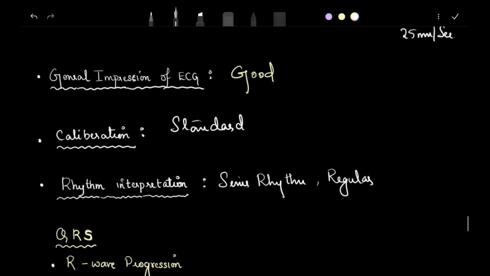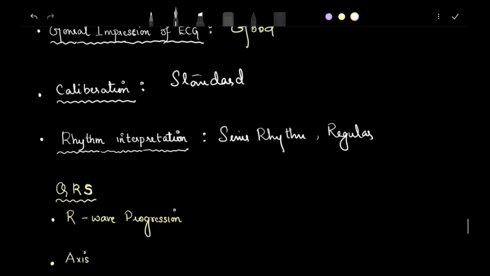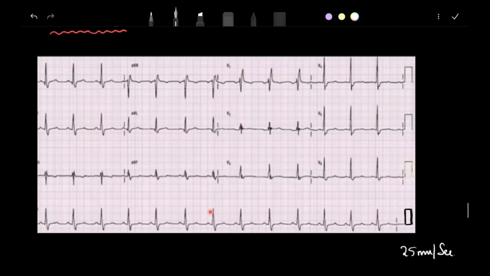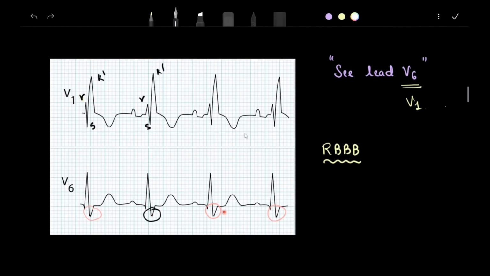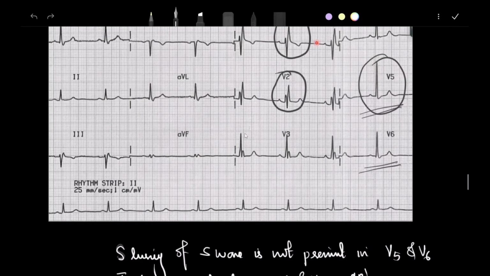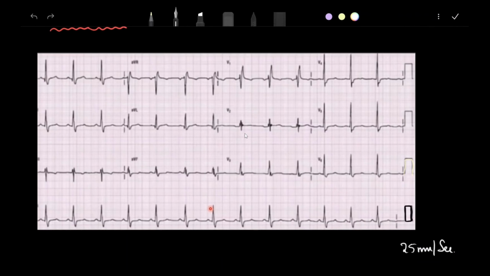Then you check the QRS. Firstly you check the R wave progression. In R wave progression, the precordial leads should be positively deflected. But here you can see lead 1 and lead 2 are positively deflected, but lead 3 is negatively deflected.